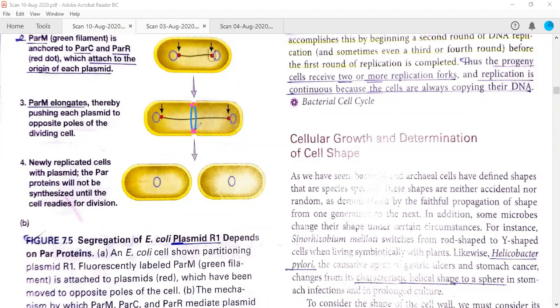Okay, so this is not very clear here, but actually there are two proteins on both sides which are anchoring this Z ring to the plasma membrane. Now, when this will pull, or it will make a septum-like structure, it will pull both the plasma membranes from the center so that a pressure will be created and this cell finally divides into two daughter cells. Fine. So that's all.